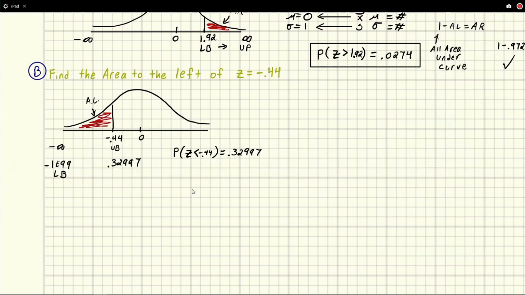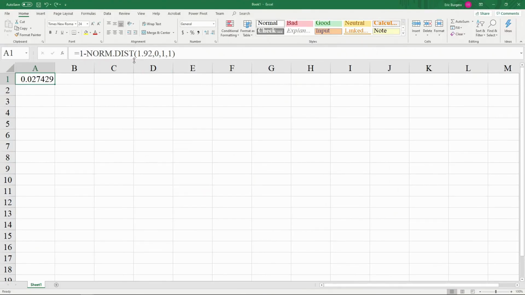And now finally, let's do it in Excel. Let's go back to Excel, and in here we don't want area to the right, we just want regular old normal distribution. This time our x value, which we know is actually a z, this is just how Excel could do anything. As long as we use 0 for the mean and 1 for the standard deviation, this is now basically a z.